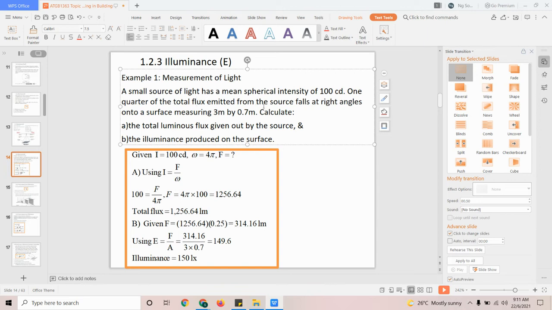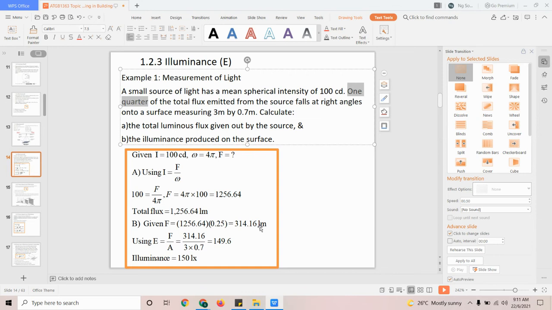In this example, because they mentioned 1/4 of the total flux emitted falls at a right angle onto a surface, you have to take into account this 1/4. That's why you have to multiply by 0.25.